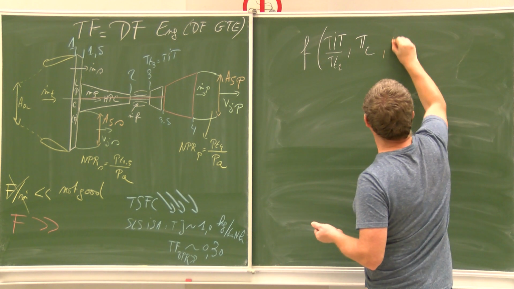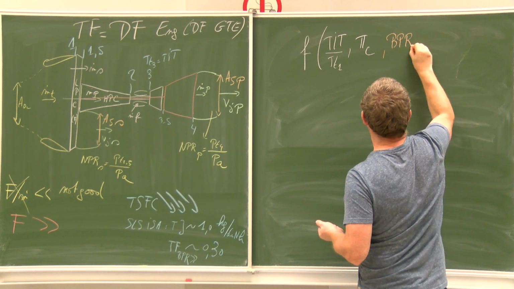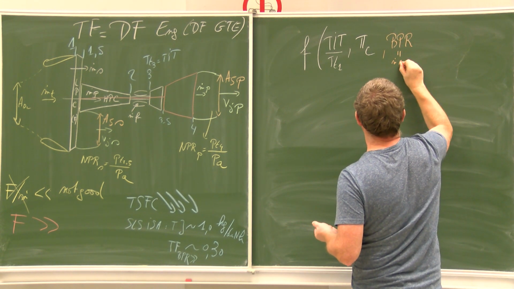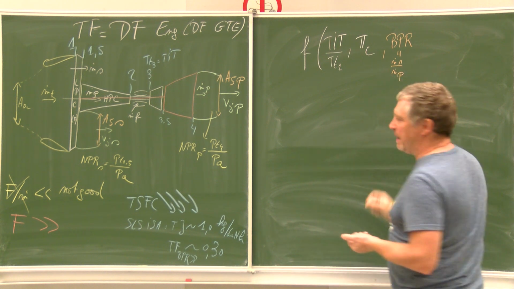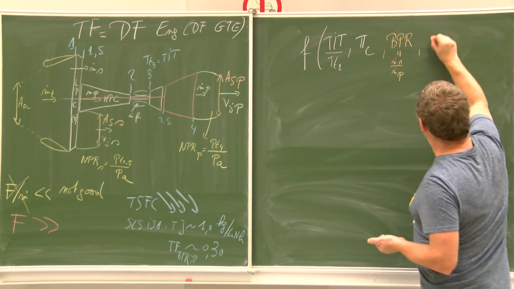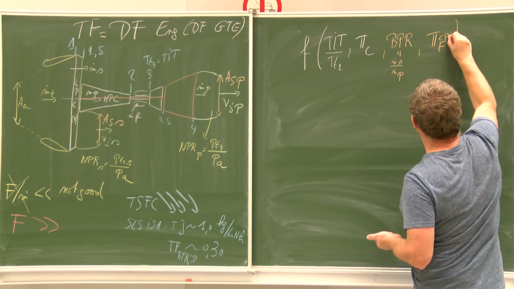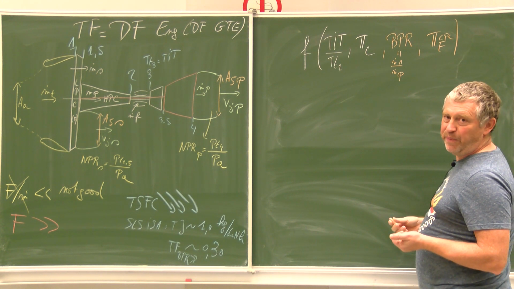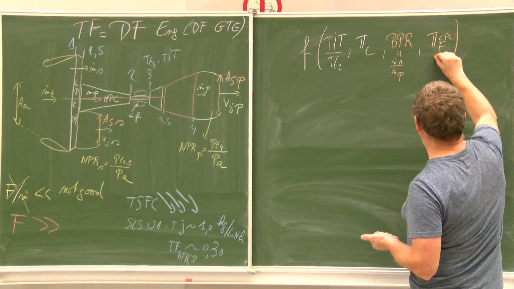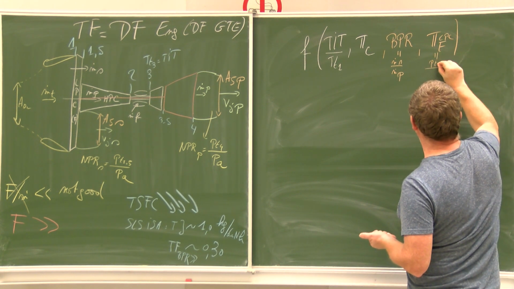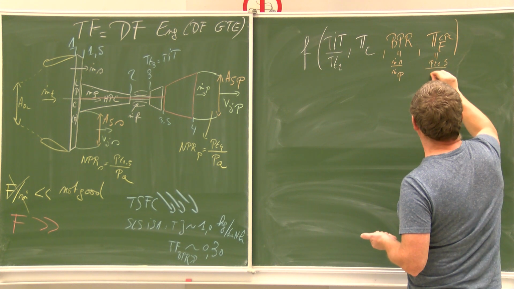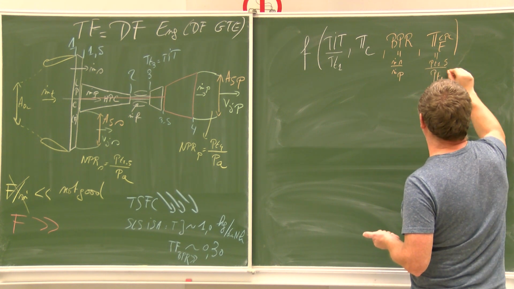One is the bypass ratio, equal to m dot secondary divided by m dot primary. And also we have introduced PF, or PLPC, which is the pressure ratio of the low pressure compressor, equal to PT1.5 divided by PT1.